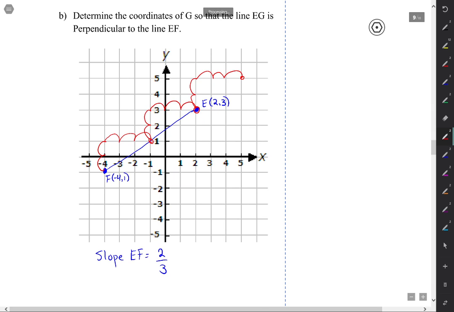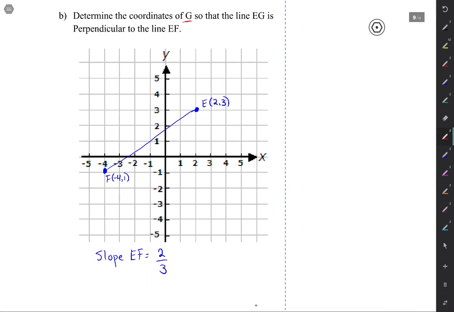But now they want us to determine the coordinates of a point G so that the line from E to G is perpendicular to the line EF. In order for that line EG to be perpendicular, it needs to have a slope that is the negative reciprocal of 2 over 3, which would be negative 3 over 2, which is the rise and the run.